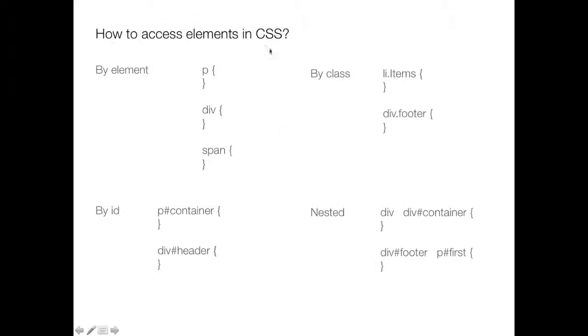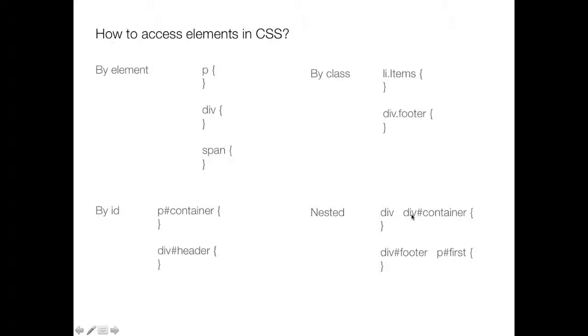We can also access elements in CSS if they're nested. So in this case, we see div and then a space, div pound container. Here we see div pound footer space p pound first. What does this space mean? Whenever we see the space, it means that the element that comes next is nested or is the child of the element before it.